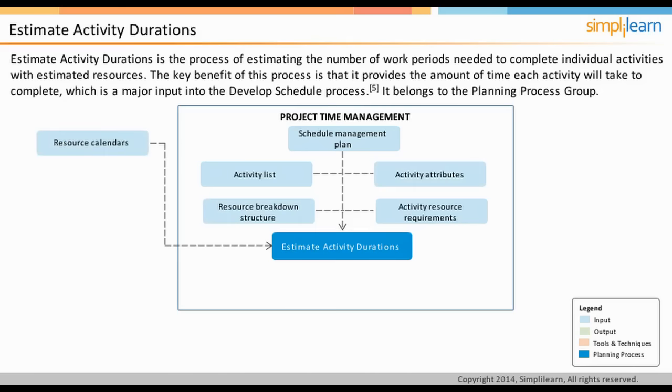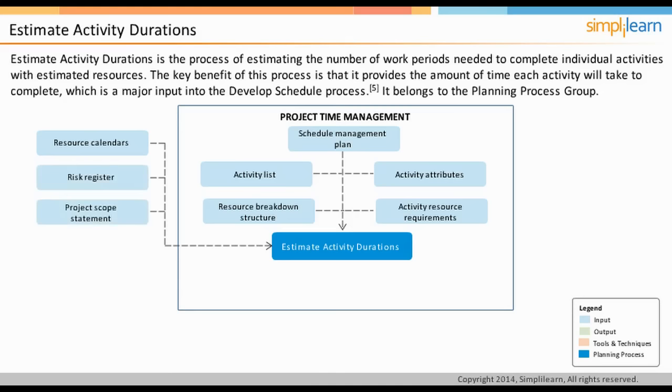Resource calendars are also an input to this process. The type and skill set of resources available to the team may have an impact on the time it would take to complete the activities. Risks to the project may influence the decisions about the time required to complete the activity. Hence, risk register becomes an input to this process.